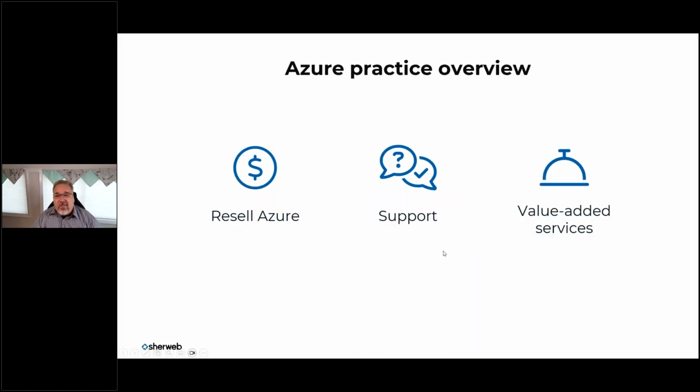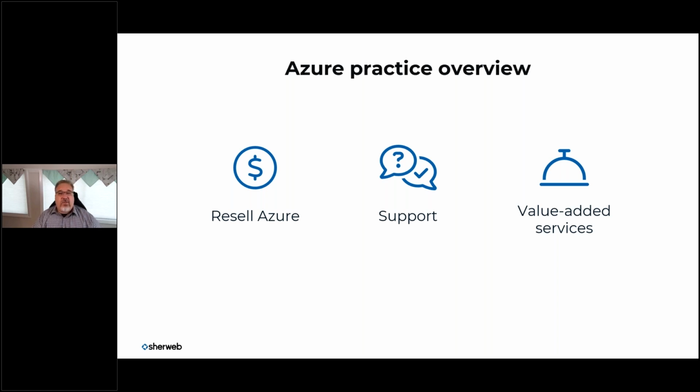So running an Azure practice within your infrastructure or within your MSP business, one thing that we would encourage you to do is to have your salespeople add Azure to their conversations.